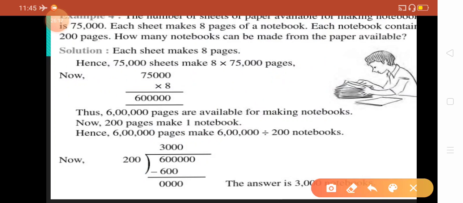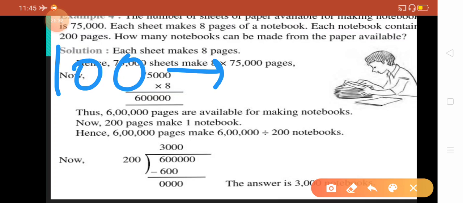For example, you have 100 chocolates, and you want to make a chocolate cake.